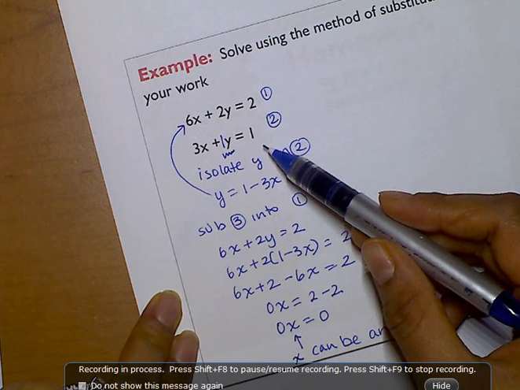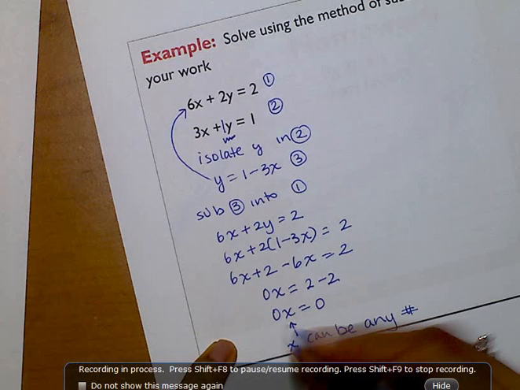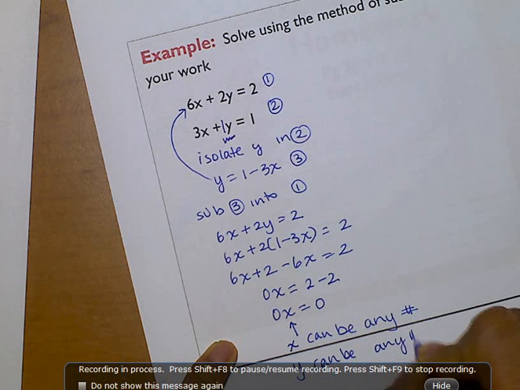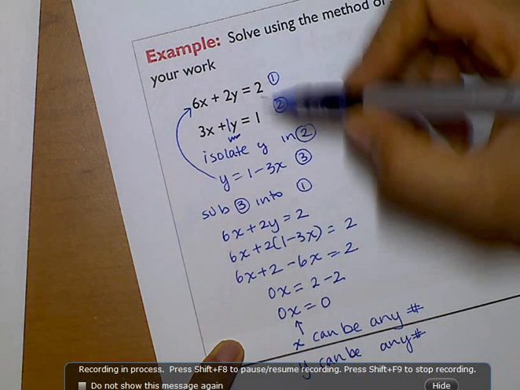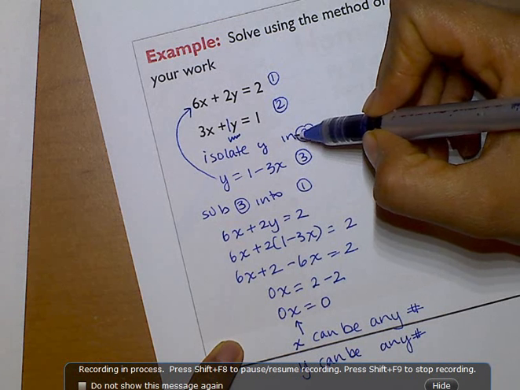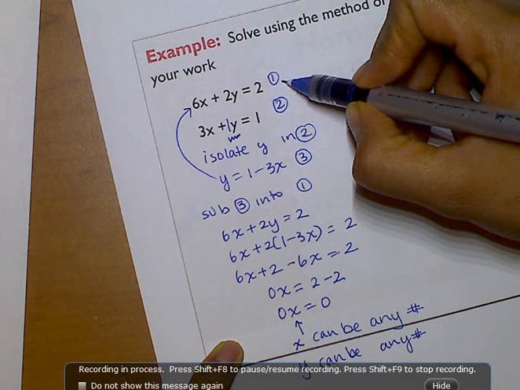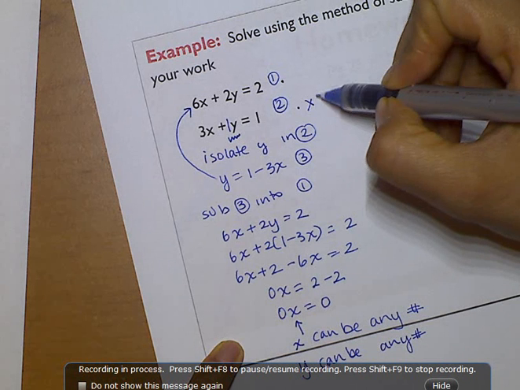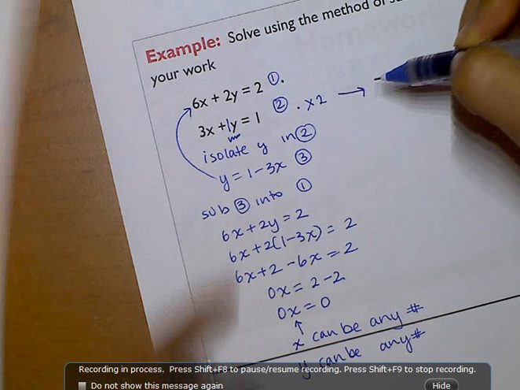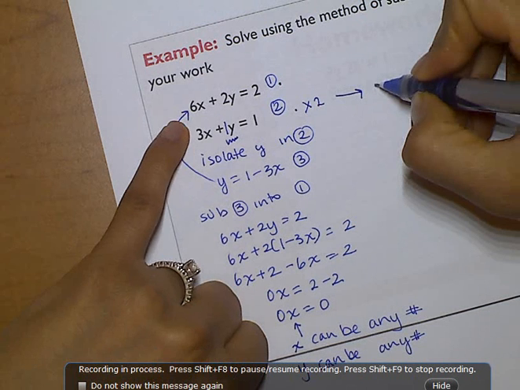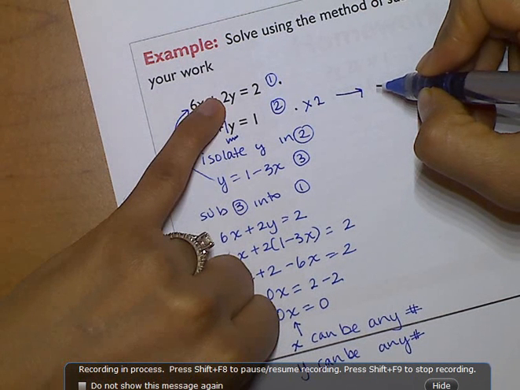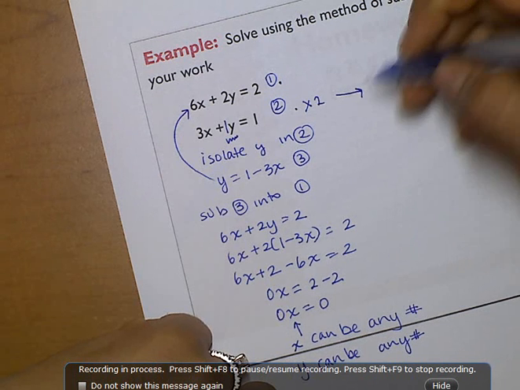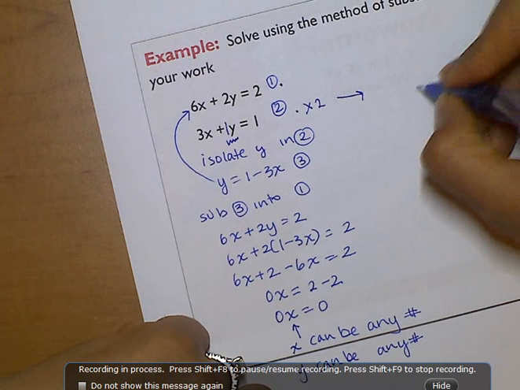If I take my second equation and multiply by 2, I get 6x, 2y, and 2. So that means they're basically the same equation. One equation is overlapping the other. That means every point is going to be a solution here. So x can be any number, and if x is any number, you can get y as any number as well. So here you have many solutions.